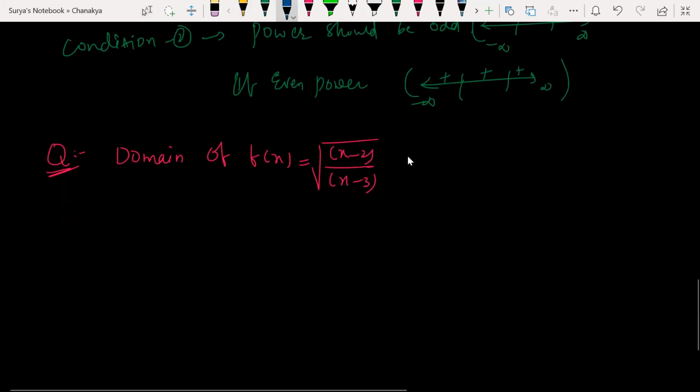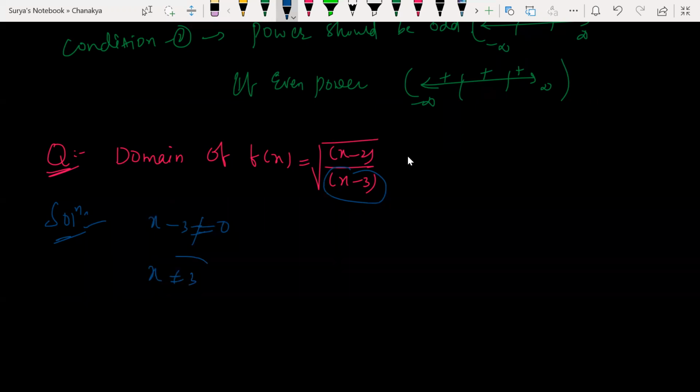How can we solve this question? One logic: the denominator should not be zero. Look at this here. x minus 3 should not be equal to 0, which means x cannot be equal to 3 here. Yes or no?